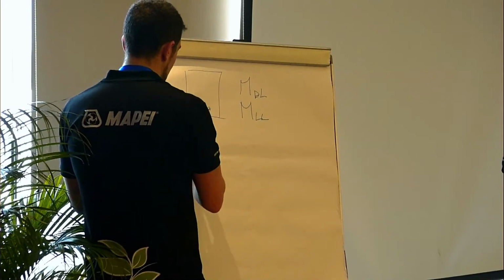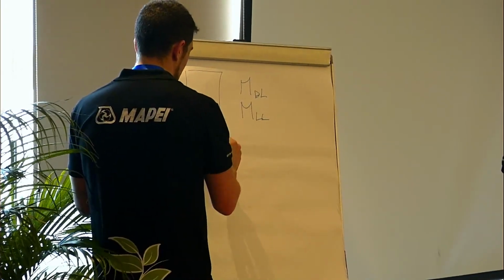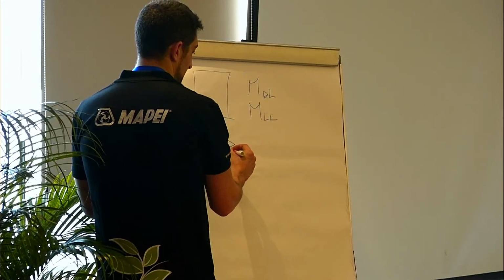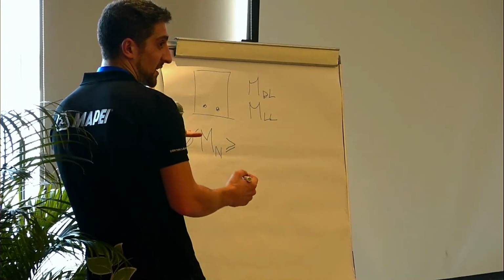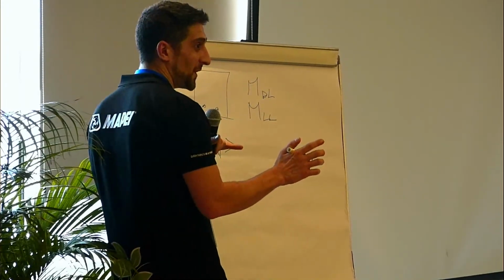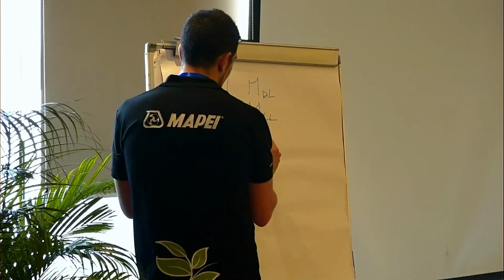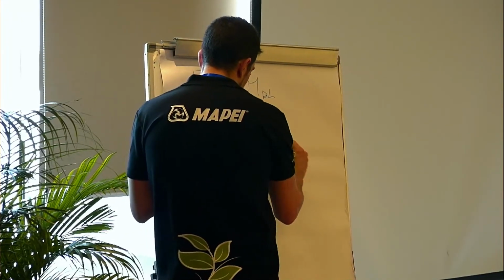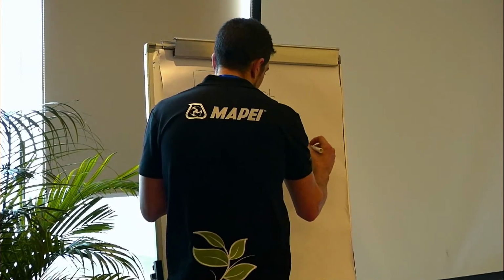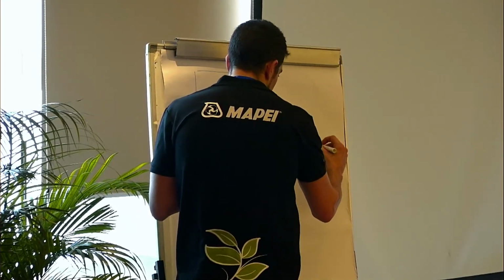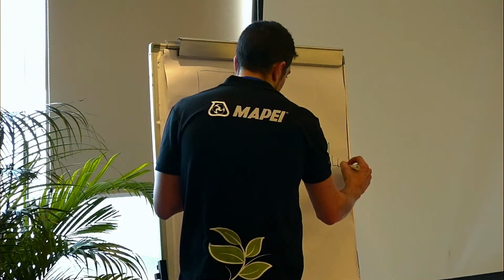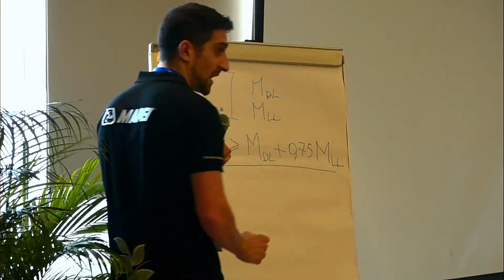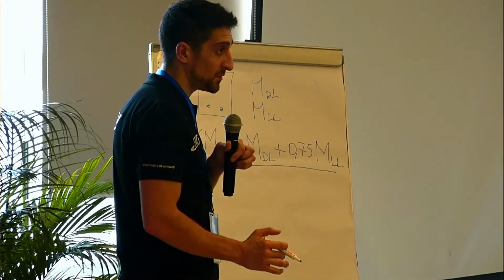The existing capacity of the beam should be at least higher than or equal to M_DL plus 0.75 M_LL. This is your existing situation, and this is the only limitation that you have to check.